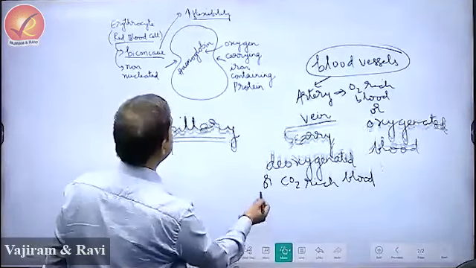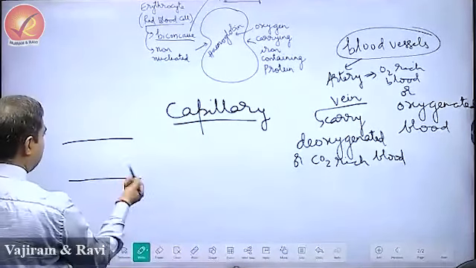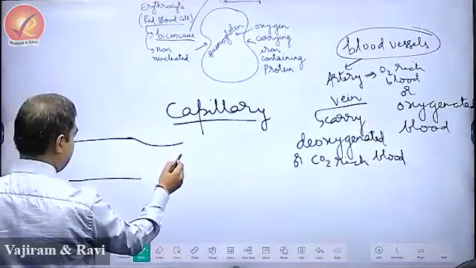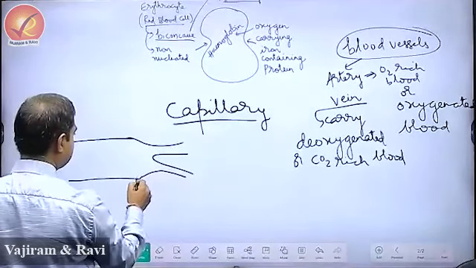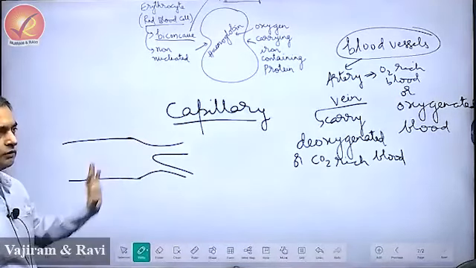So when RBC is flowing inside the blood vessel, suppose this is the larger blood vessel, and now it is showing that it is branching, isn't it? So the diameter is getting narrowed.